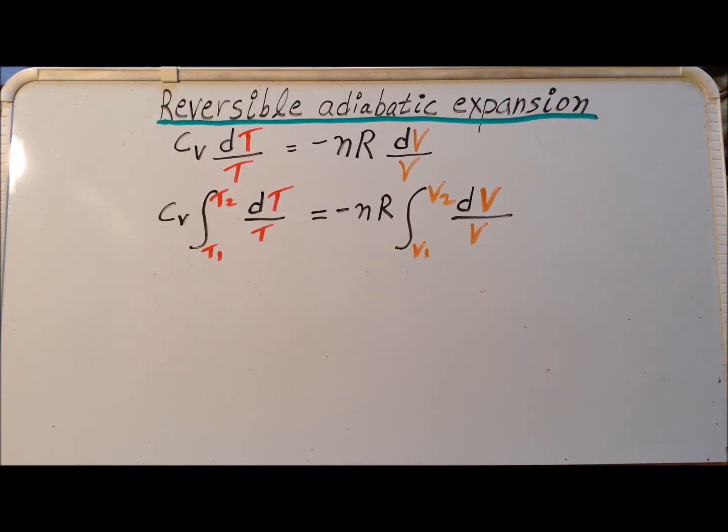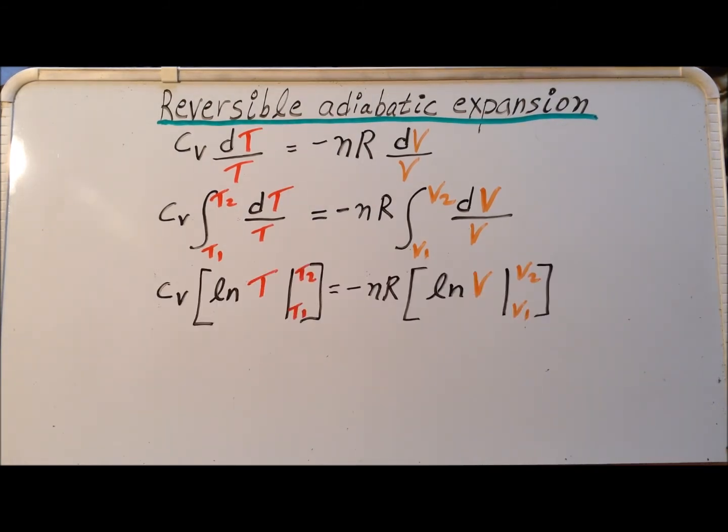On the left-hand side, we have Cv times the integral of dT over T between T1 and T2. We consider the 1 to be the initial circumstance and 2 to be the final. So on the right-hand side, we have minus nR, and now the integral goes from V1 to V2, where V1 is the initial volume and V2 is the final volume, of dV over V.